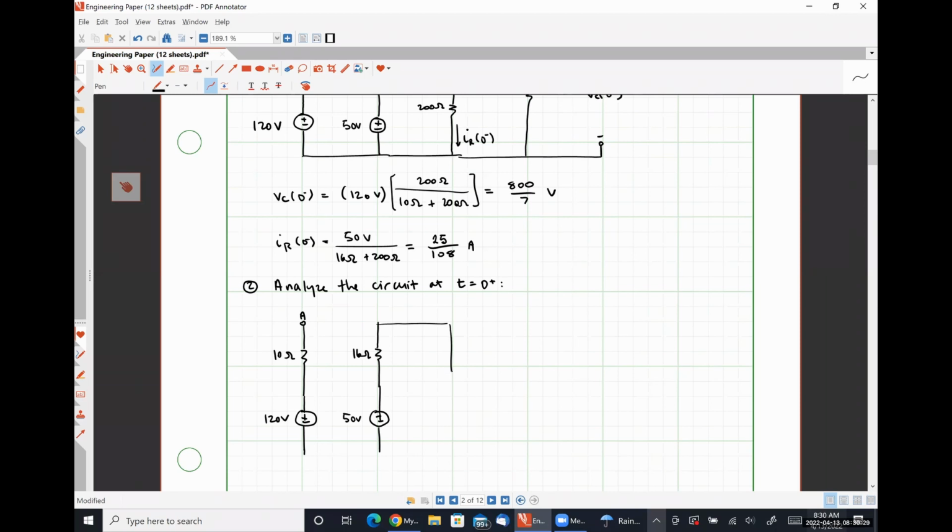That's going to be connected in parallel to a 200 ohm resistor through which a current IR of 0 plus flows. This is in turn going to be connected in parallel with the second 200 ohm resistor.